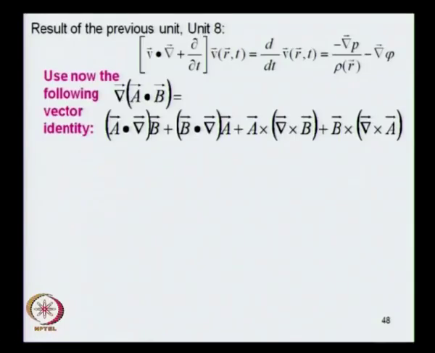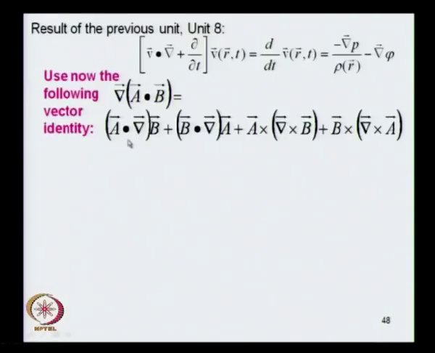The result is completely independent of the coordinate system, and the result I want to use is this identity, that if you take the gradient of a scalar function which is expressible as a scalar product of two vector functions. So, A is a vector function, B is another vector function, and you take their inner product or the scalar product or the dot product, these are all equivalent terms, they are all synonymous in our context.